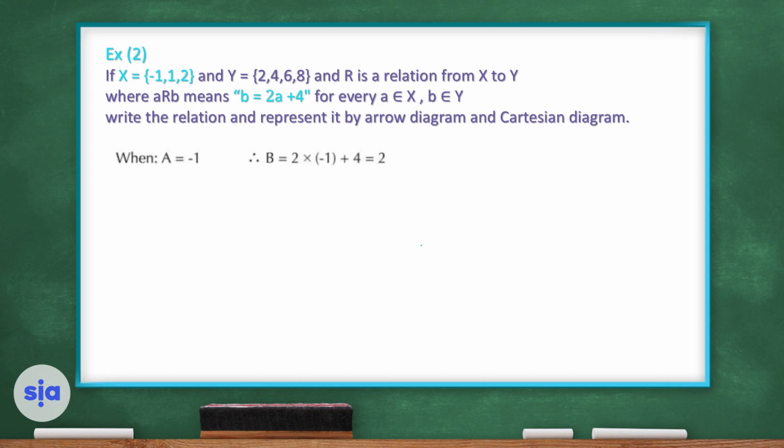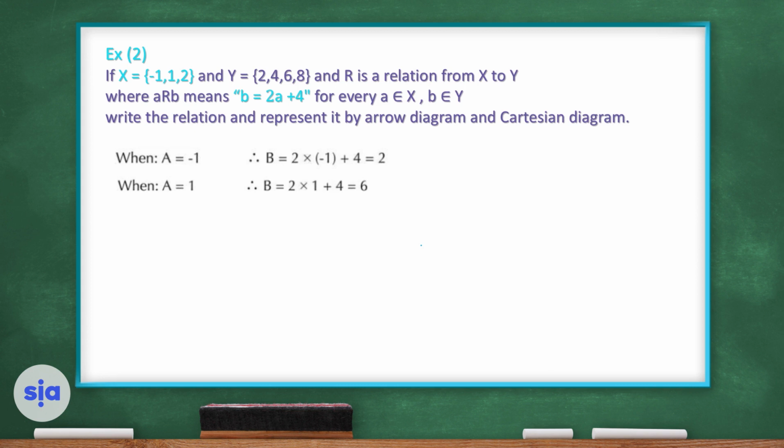If I put A equals -1 and substitute it in B, you will see that B equals 2 times -1 plus 4, and the answer here is 2. The 2 is an element in set Y. So we have a first ordered pair, which is (-1, 2).